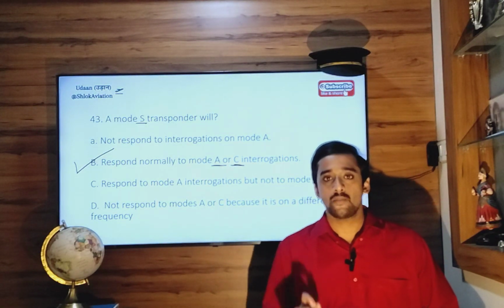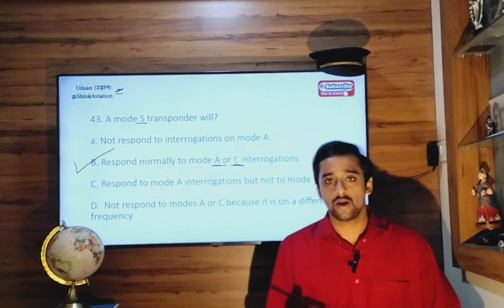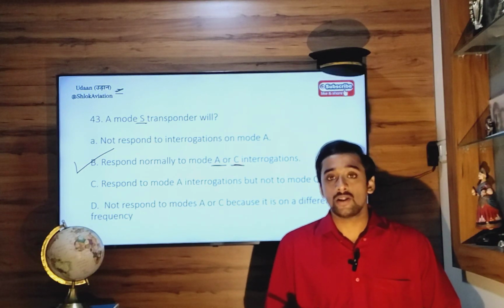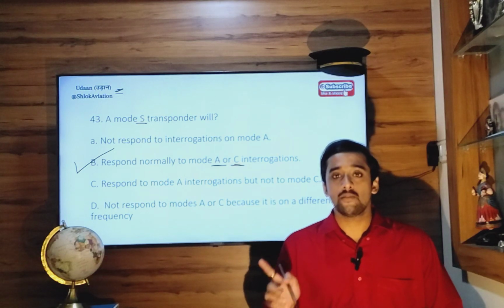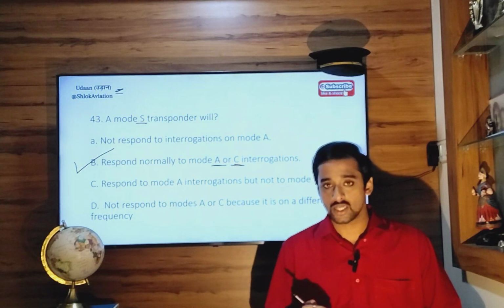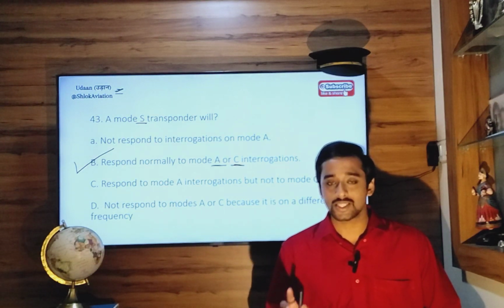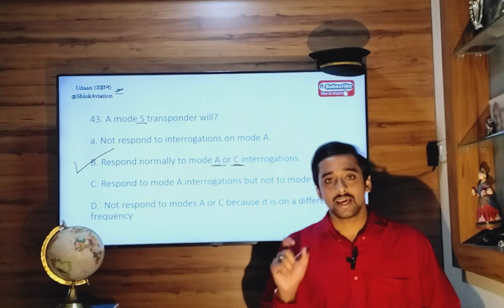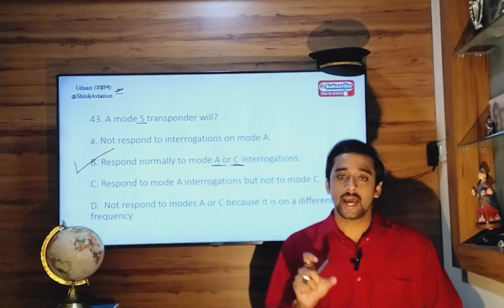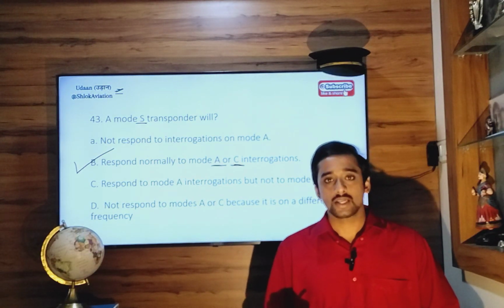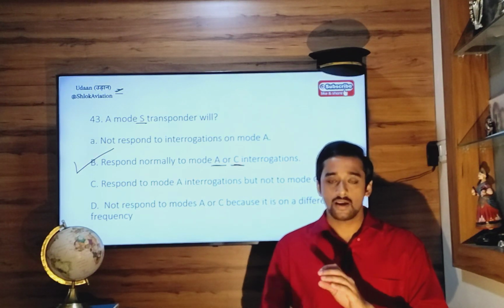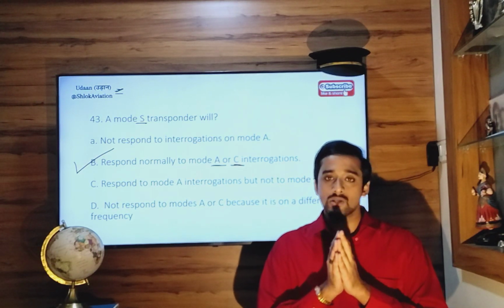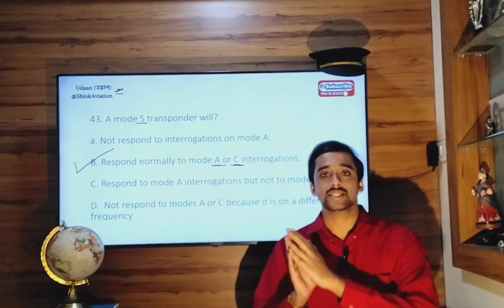Now mode S capability in a transponder is designed in such a way that it is able to answer not only its own interrogations, that is mode S interrogations, but also interrogations pertinent to mode A and mode C. This is done to have an easy, convenient transition from the use of mode A and mode C capabilities to mode S capabilities.